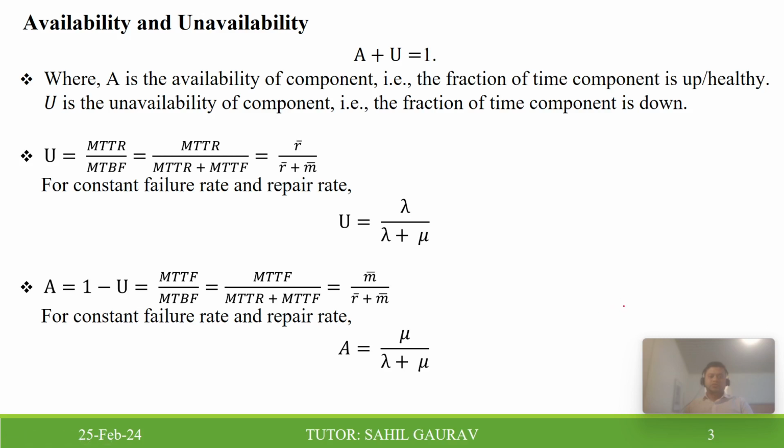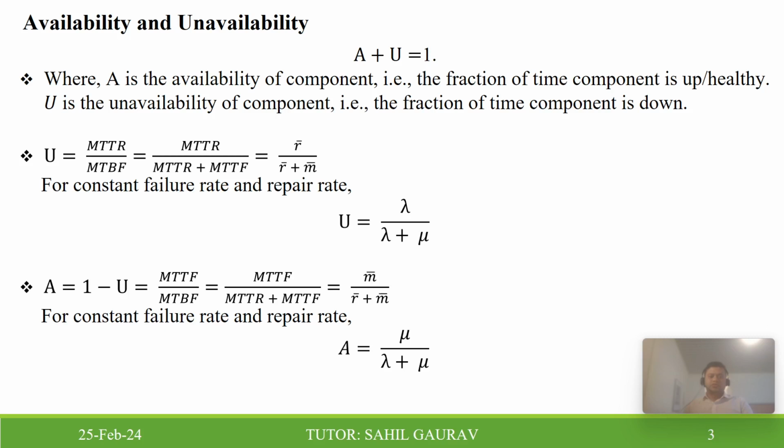A is the availability of the component, that is the fraction of time the component is up or healthy and available to provide service. And unavailability U is the fraction of time that the component is down.